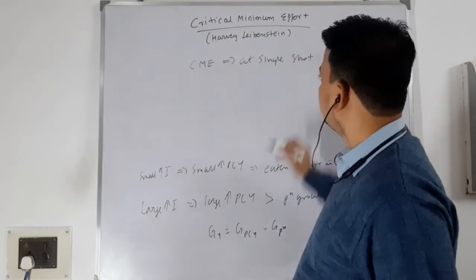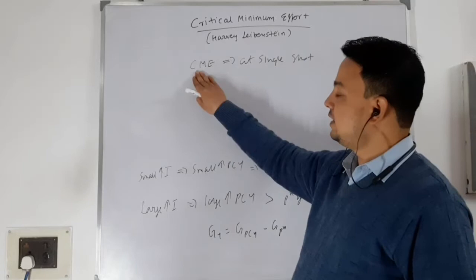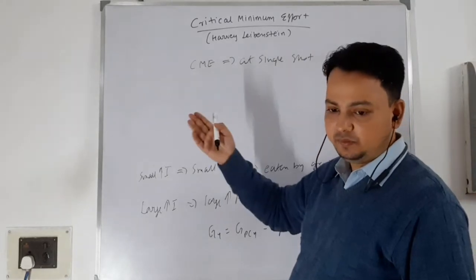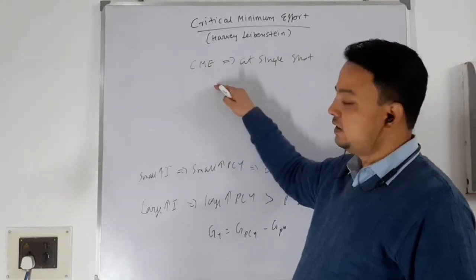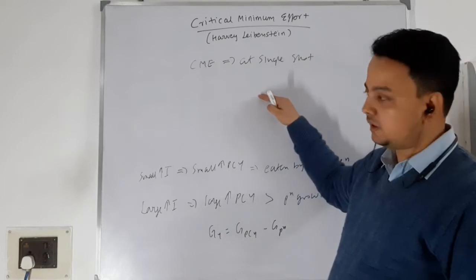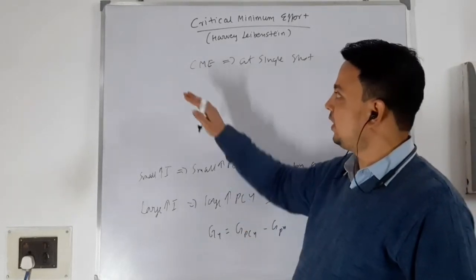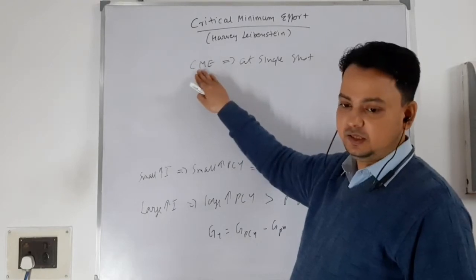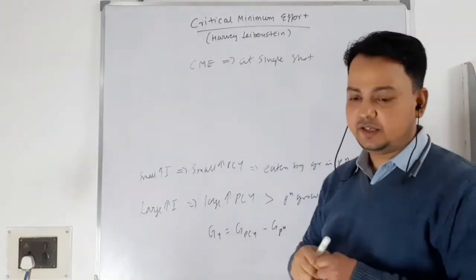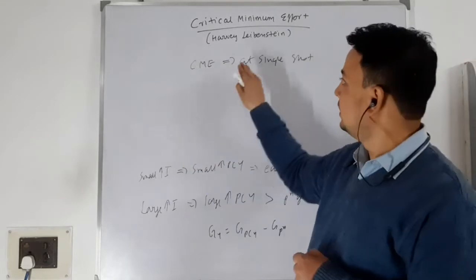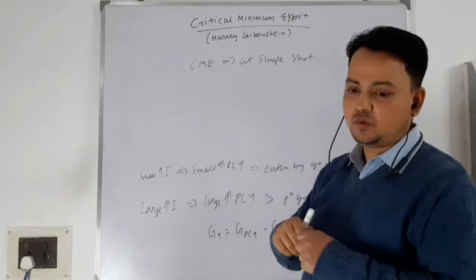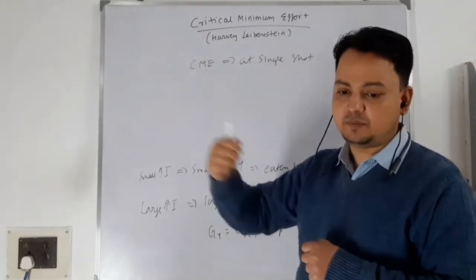What we have to do is this: the critical minimum effort will be more effective if we split it into a series of efforts, and optimally time it. Let me repeat what I am saying. He is saying we have to take the critical minimum effort not at a single shot. We don't have to make large comprehensive investment at the same time.